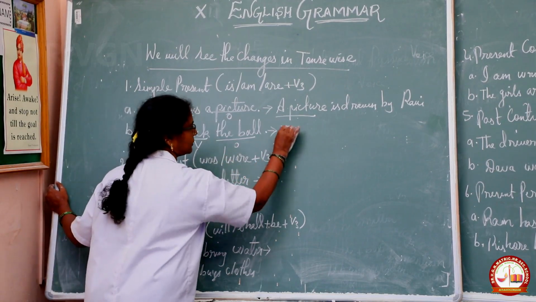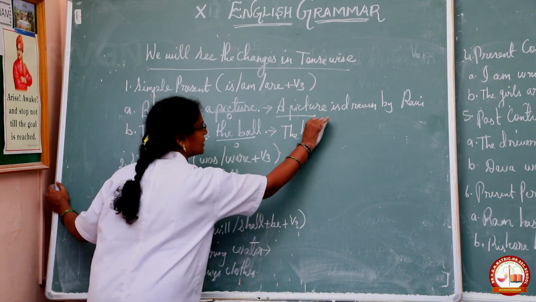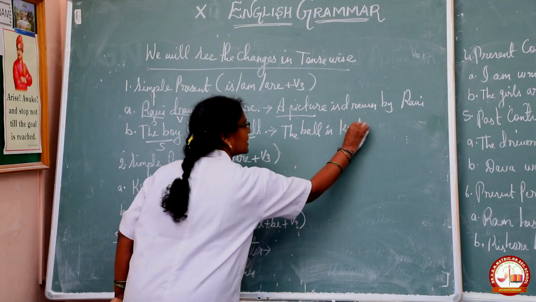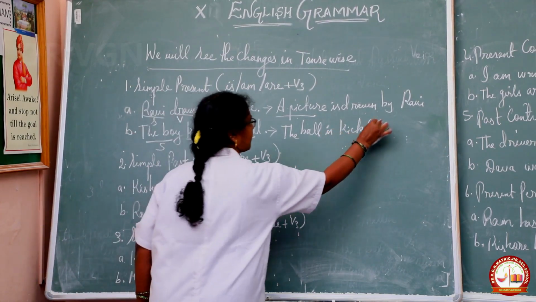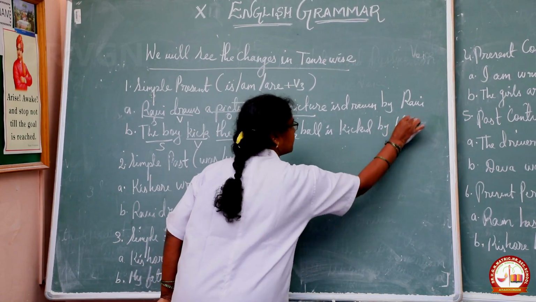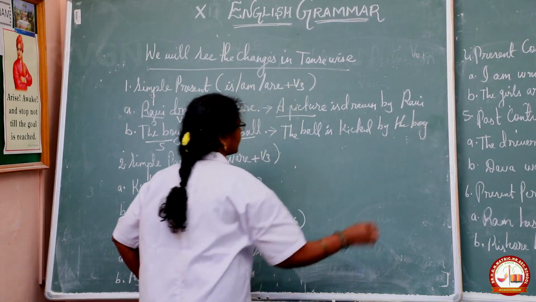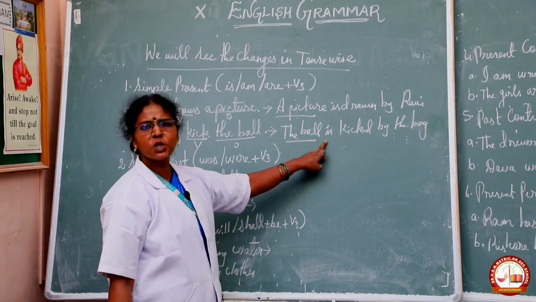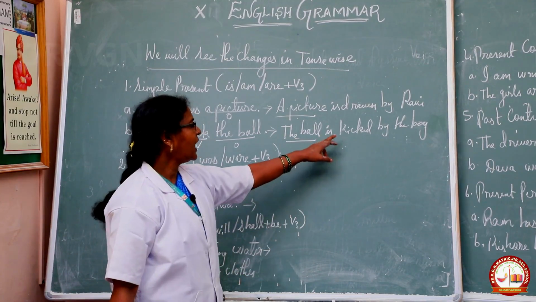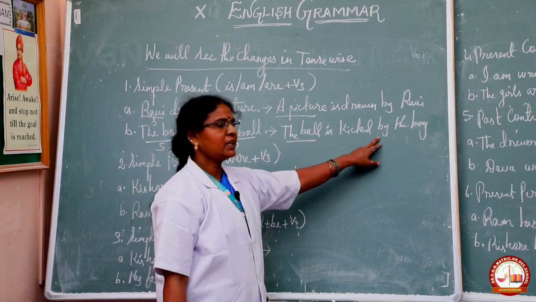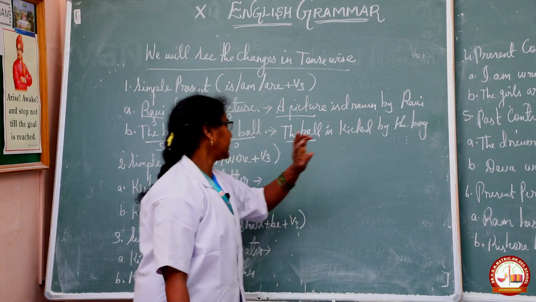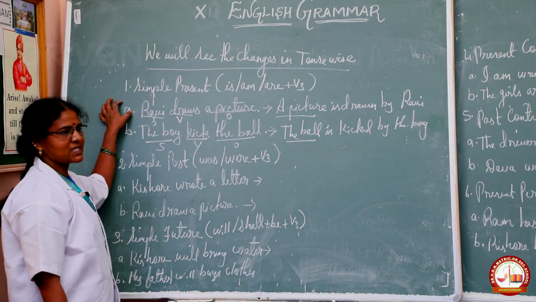So the ball is kicked by the boy. See here, the subject, the ball, is singular, so for the verb you must also use singular, and we use V3, then the preposition by, then the subject, the boy. This is the simple present tense.